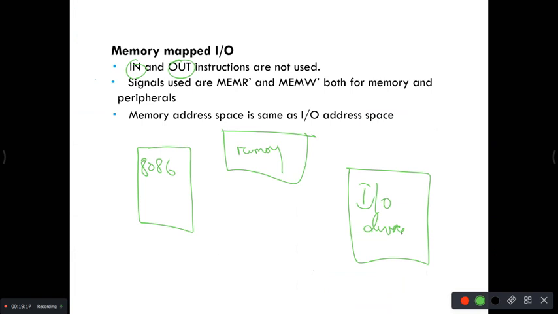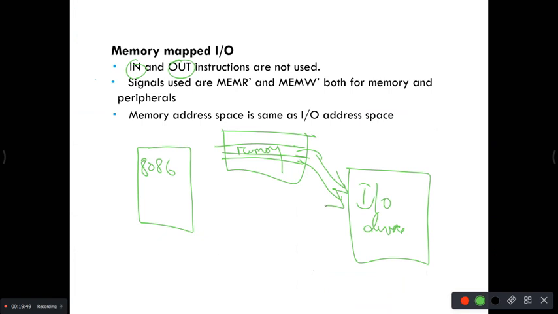So instead of contacting directly using IO read and IO write, what will it do? There are some memory locations reserved to put the data to the IO and to get the data from the IO. So if the IO device wants to send data to the 8086, first it will put it in the memory. This exchange is actually happening always.